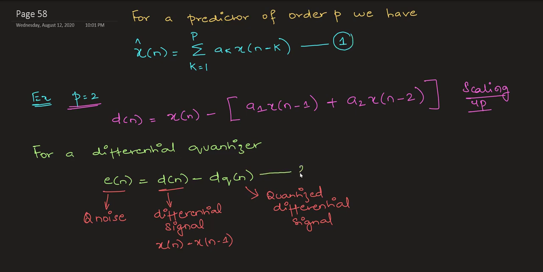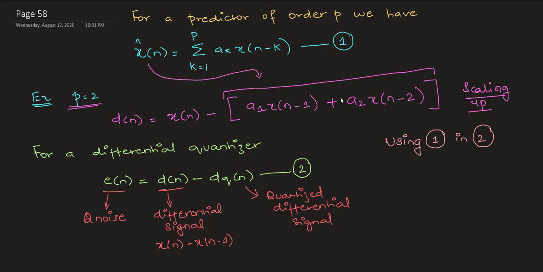And now using 1 and 2, you can have a design. I can write an expression here. I'm going to write a third equation that's going to combine these 1 and 2 features. I'm going to write it as e of n is equal to x of n minus x hat of n minus dq of n. So I'm just combining my 1 and 2 and I'm getting my 3.